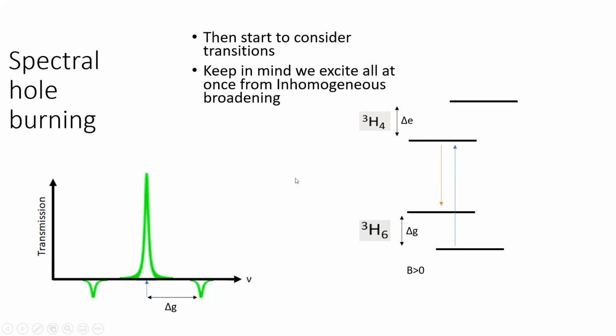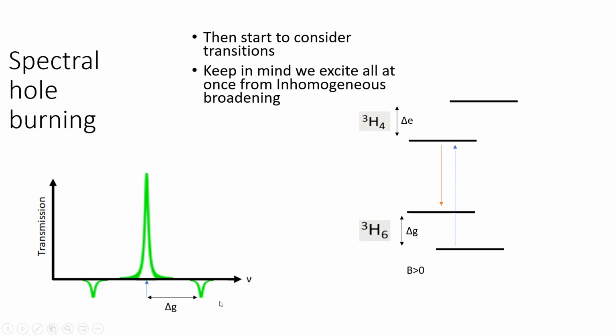Now, if it does wind up in that other spin level, it creates a small pile, I would say, of population at that frequency. And if we control this splitting, this delta G, between the 2 ground state spin levels, then we know this energy difference to some degree.